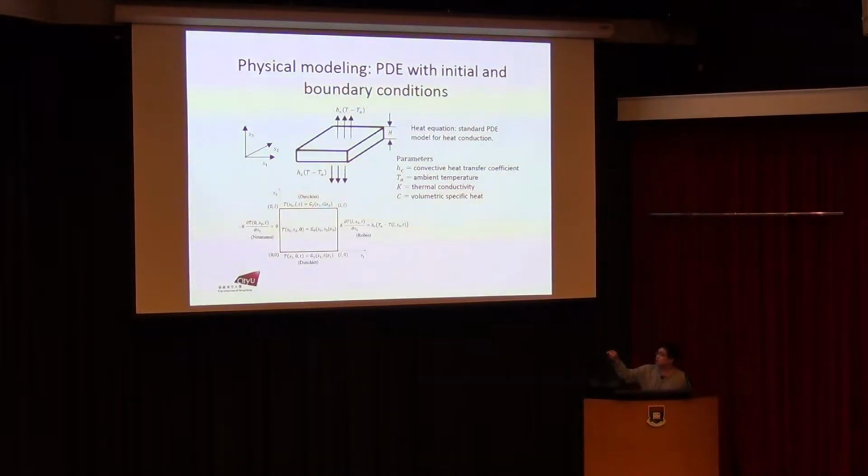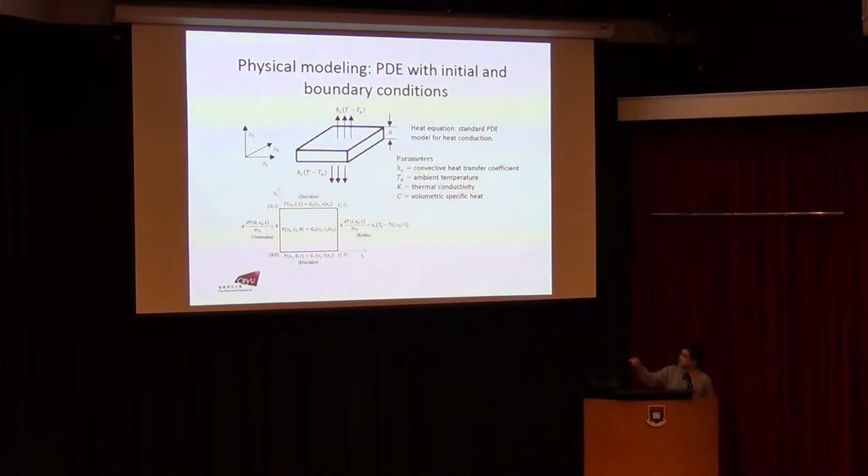At the top boundary, the Dirichlet boundary condition sets the temperature equal to some function G2, parameterized by parameter x2. At time 0 we need to impose an initial condition.